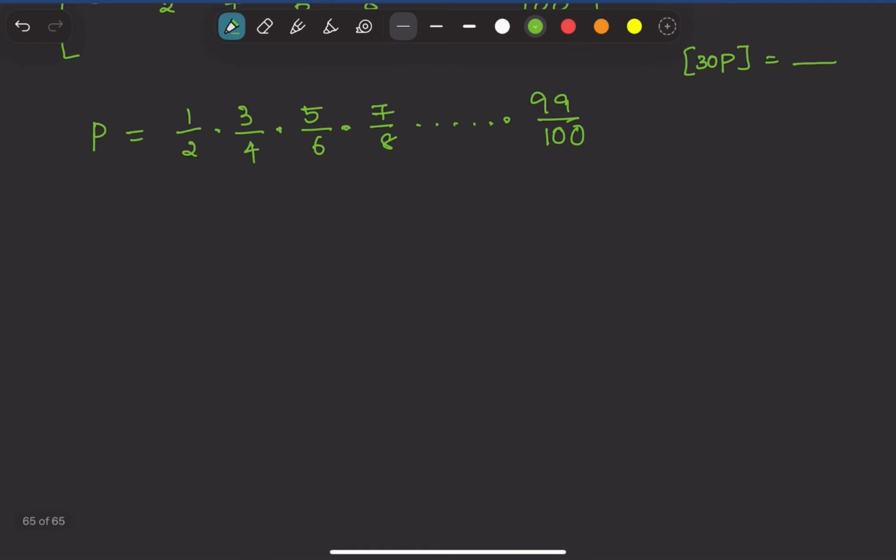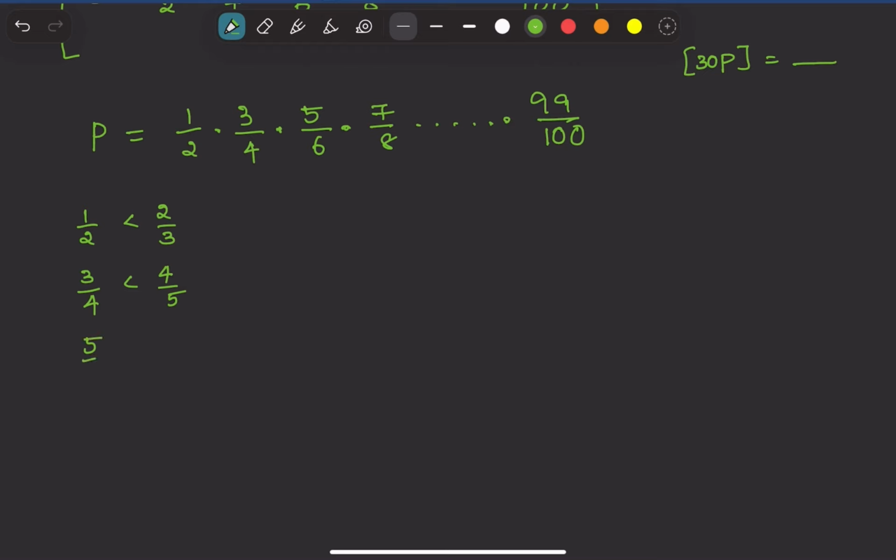Now what I'll do, I'll take each fraction. 1 by 2 we know is less than 2 by 3. Similarly, 3 by 4 is less than 4 upon 5.